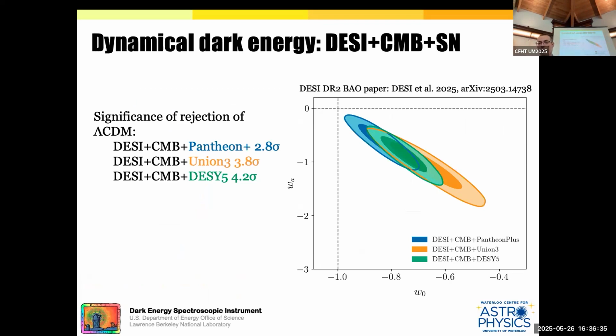And in fact, if you do this, you also get better agreement with the supernova data, depending on exactly which supernova sample you include in the analysis. At the moment, this is the best physical explanation that we have for the difference between DESI and Planck. If you don't like this explanation, then you need to have some large statistical fluctuation or some systematic in one of the data sets at around the 3 sigma level.